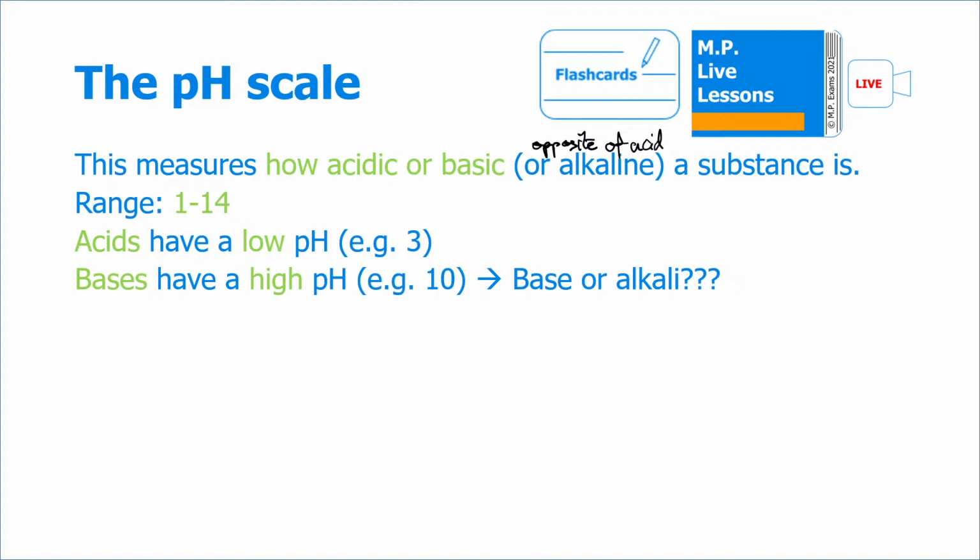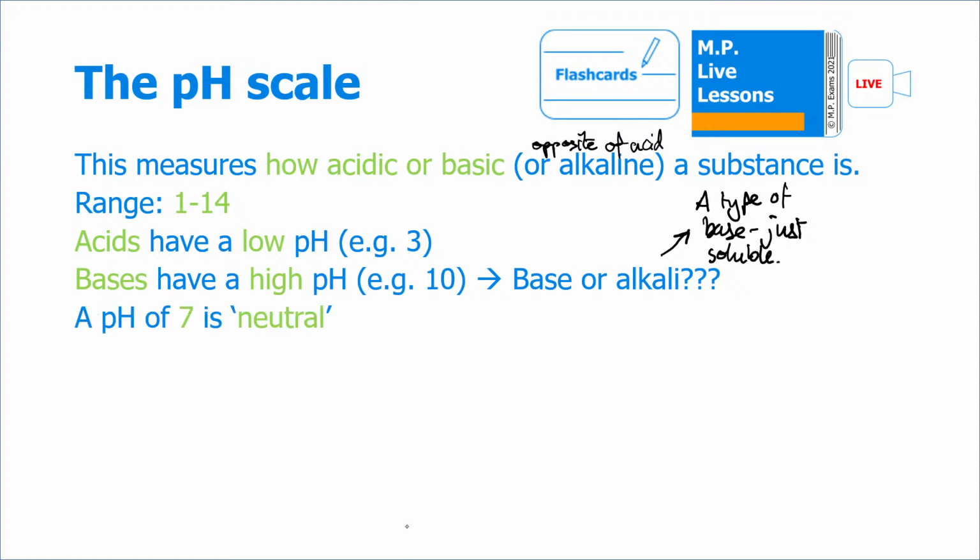Now bases and alkalis are very similar. Alkalis are a type of base. These are just soluble. Now, last thing you need to know is a pH of 7 is considered neutral, and a good example of a neutral liquid is just water.